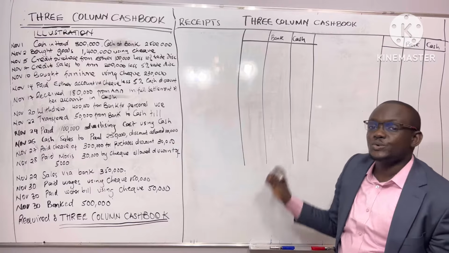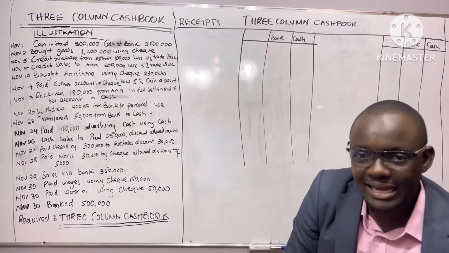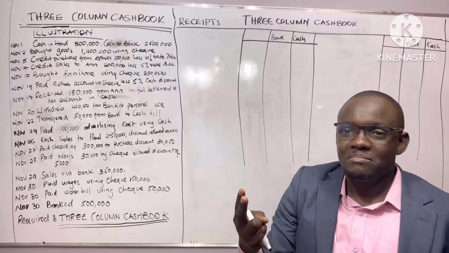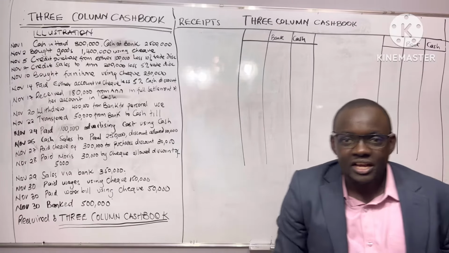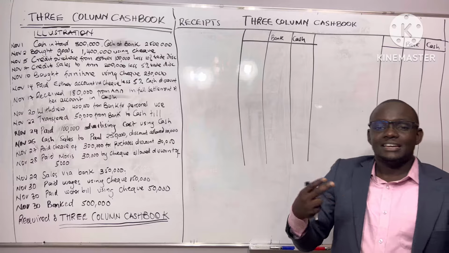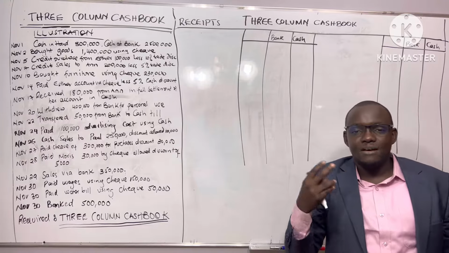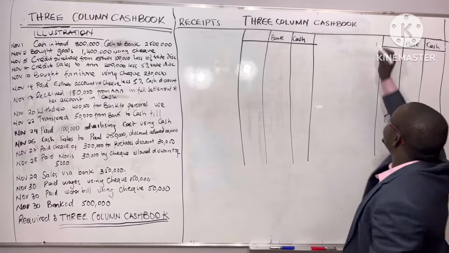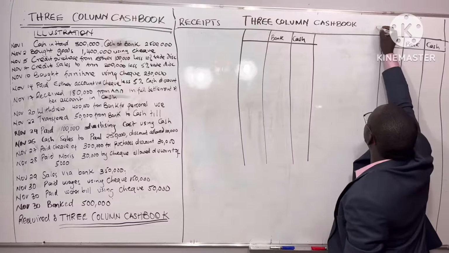This other side is called payments. It is used to record any time we pay for an item using either cash or bank. Bank means using a check, a bank transfer, an RTGS, or any other means that withdraws money from the bank.